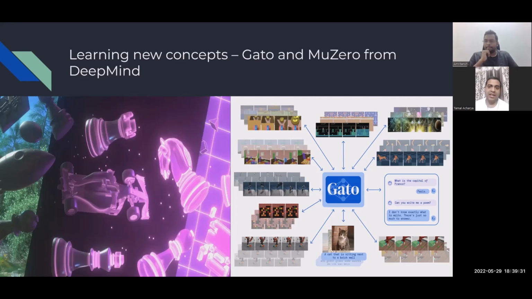Yes, there is a lot of buzz around Gato by DeepMind, and the bold claim is that we are nearing AGI. I don't believe that yet. But given Gato has learned from 600 different tasks, it is getting to what we want: an agent which can perform well in a multitude of environments.